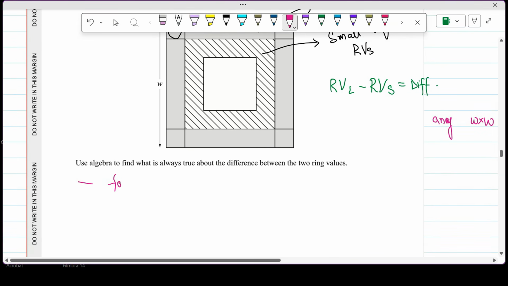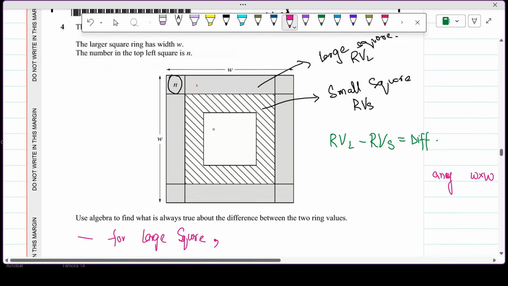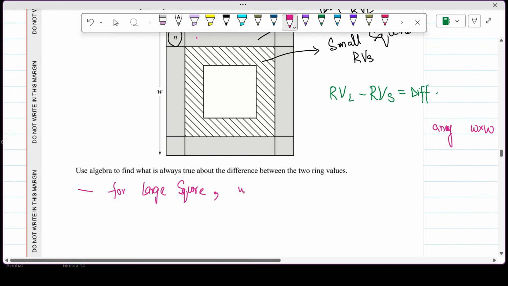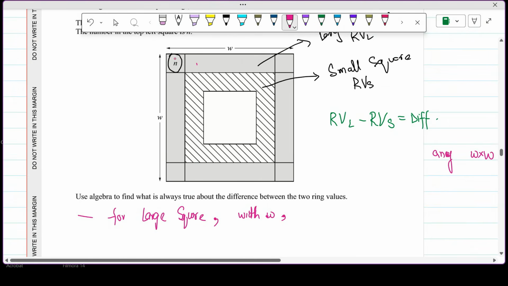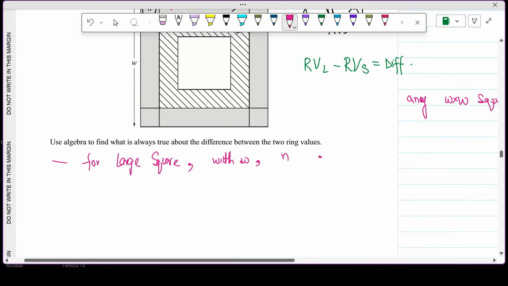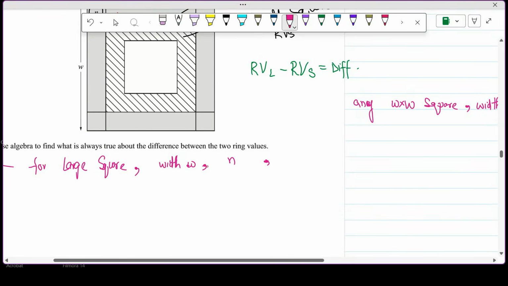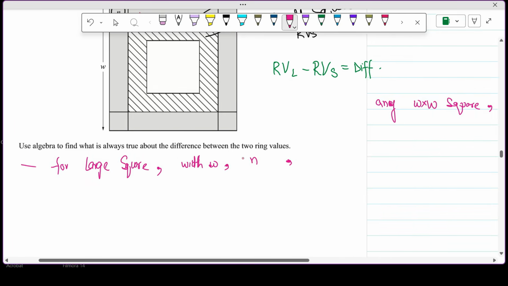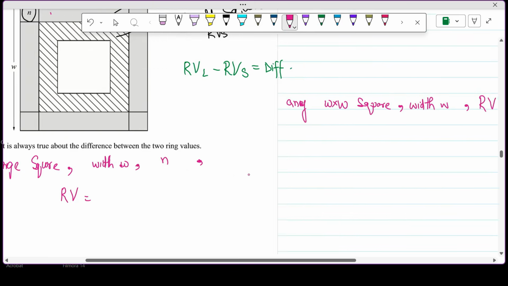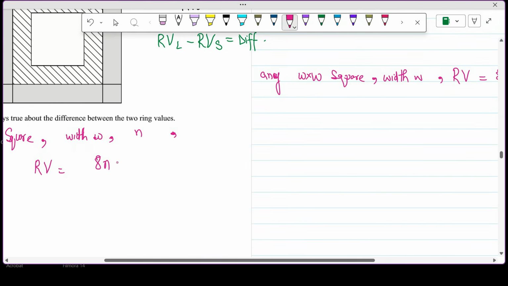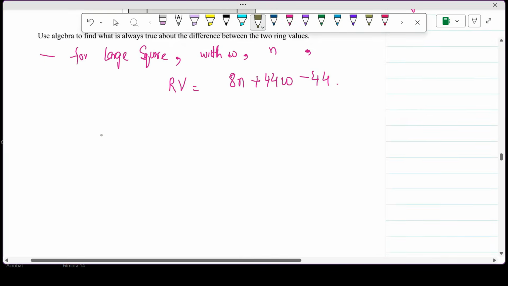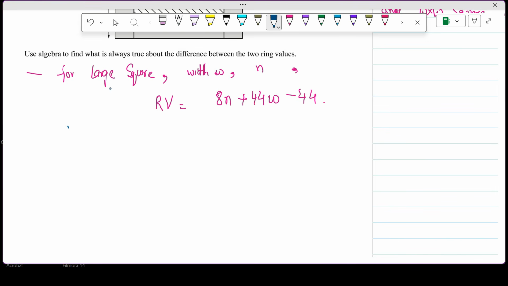For the large square, we have the width of W and the top left corner value of the large square, which is N. So we can use this information to find the ring value of the large square. The ring value in this case is 8N plus 44W minus 44.